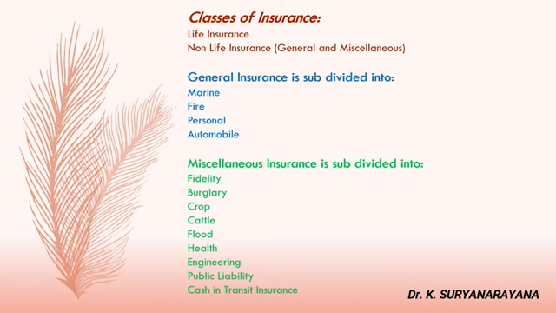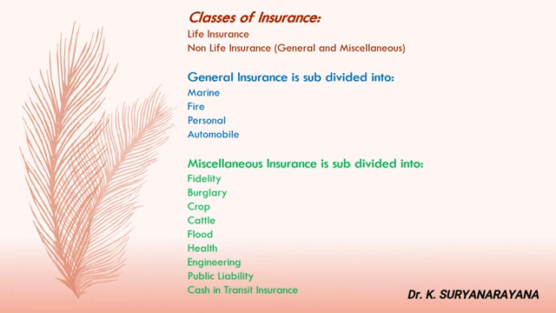Personal accident insurance. This insurance contract is a supplement to life insurance. It provides ideal protection against death or disability due to accident. It is a contract whereby the insurer agrees to compensate the loss suffered by the insured or his kith and kin due to death or disability arising solely and directly from an accident caused by violent, external or visible means.